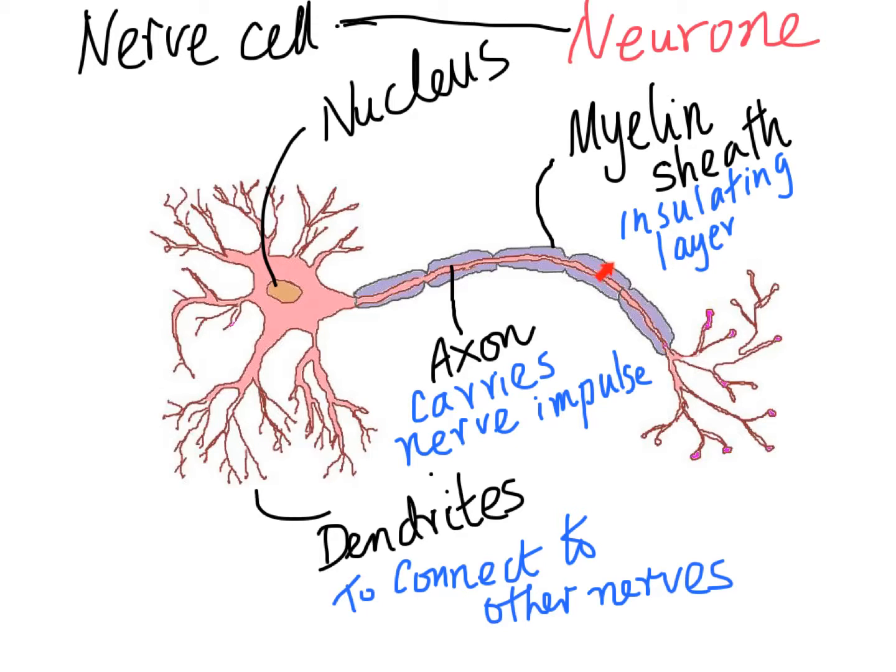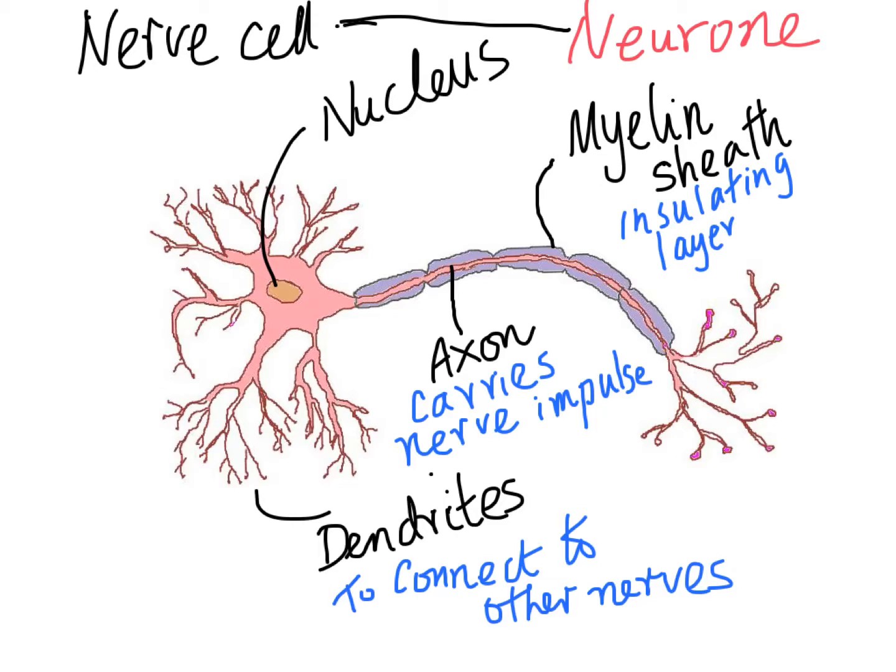You have this fatty layer around the axon, which makes sure that the electrical impulse travels through the axon in an efficient manner. And this is really important, this part. If it gets damaged, people do get affected by a damaged axon and get serious illnesses such as cystic fibrosis. So this has got its special adaptation.